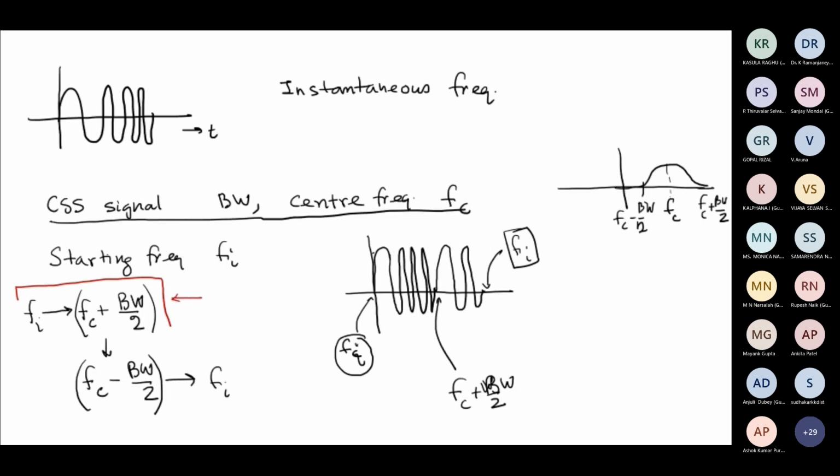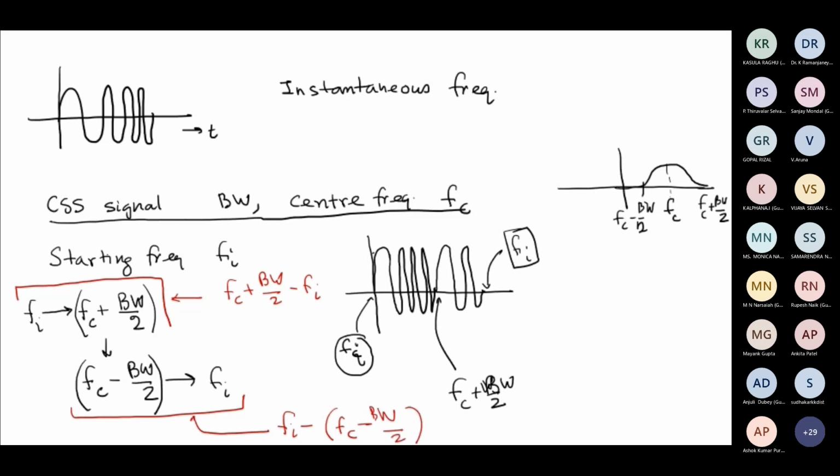there is a frequency sweep of Fc plus Bw by 2 minus Fi, and over this second range there is a frequency sweep of Fi minus Fc minus Bw by 2.